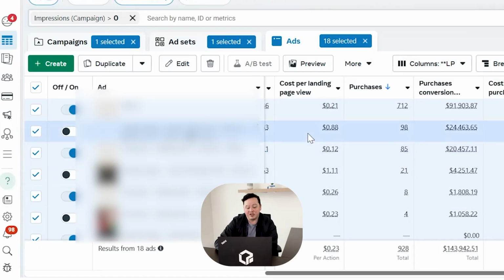But if you're not paying close attention to AOVs and to return on ad spends at the ad level, there's a chance that the algorithm can allocate too much spend to these asset types, not necessarily maximizing your efficiency and your revenue growth within your campaign structure.